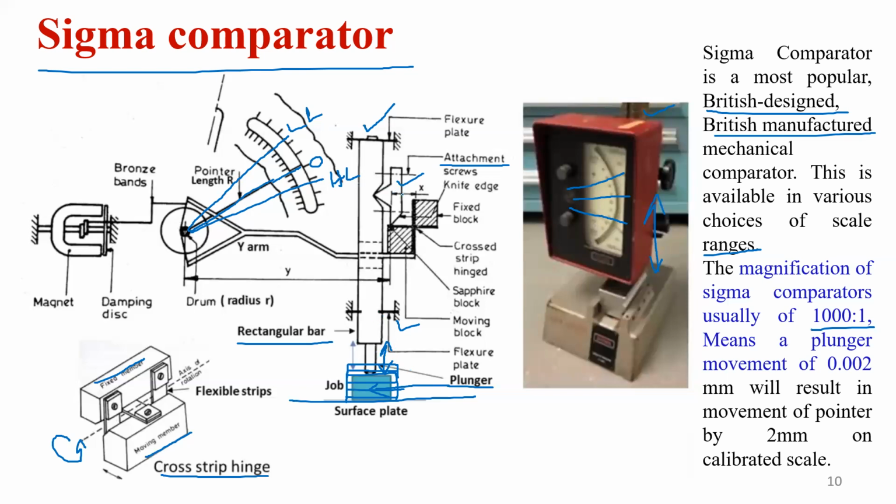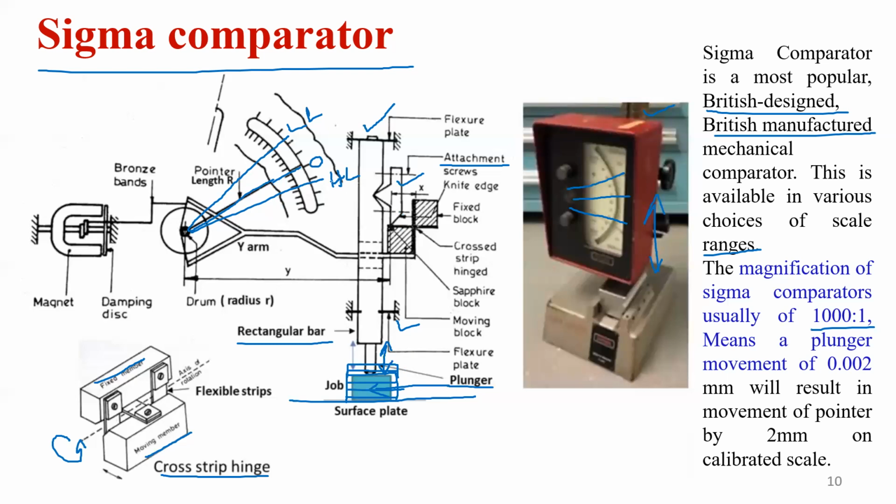Accordingly, the knife edge moves and drives the moving member of the cross strip hinge, that in turn moves the Y arm. This Y arm drives the driving drum, and the pointer moves on the calibrated scale. If the pointer moves beyond the upper and lower limits, then the component may be rejected or needs rework.